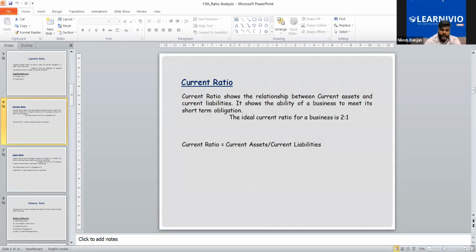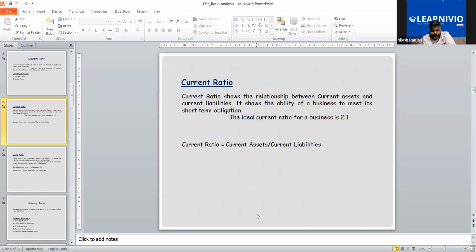Okay, so after that, in this formula there are two components: current assets and current liabilities. You already know what comes in current assets and what is included in current liabilities. You have studied that in the financial statement, yes? Yes, sir. Can you tell me what are the items included in current assets?